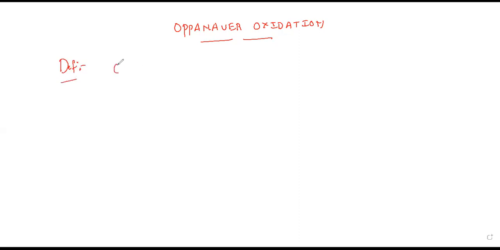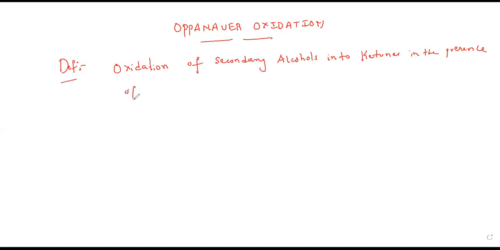It is nothing but the oxidation of secondary alcohols into ketones in the presence of a ketone and a base, which is known as Oppanauer oxidation.